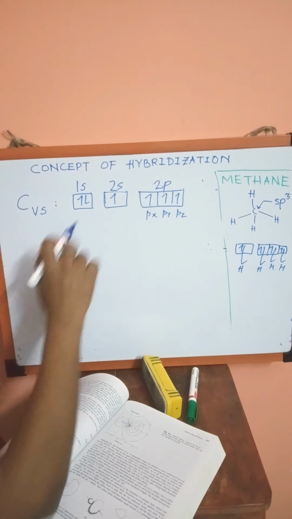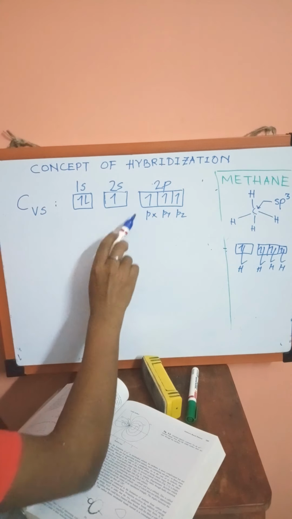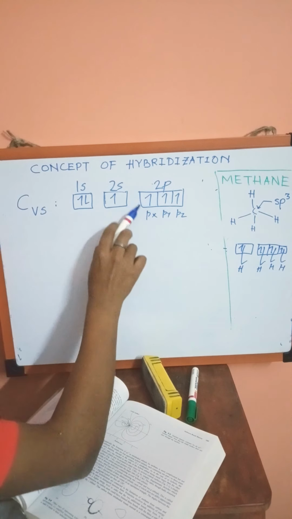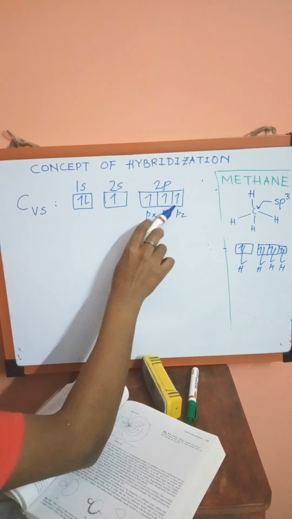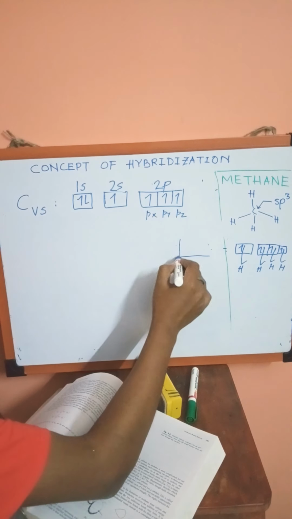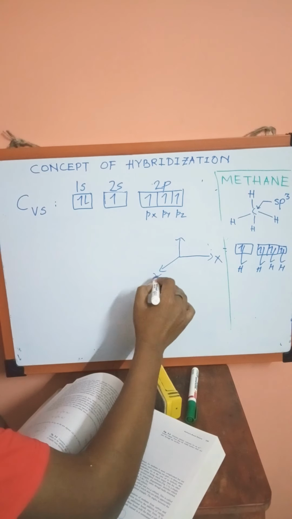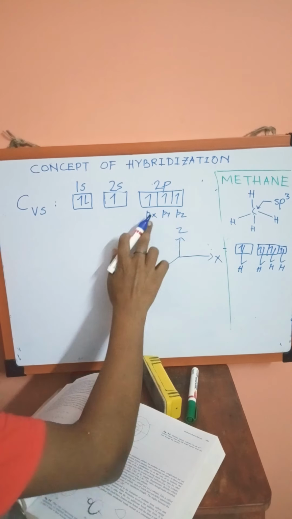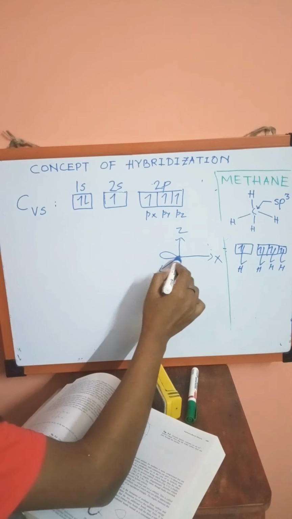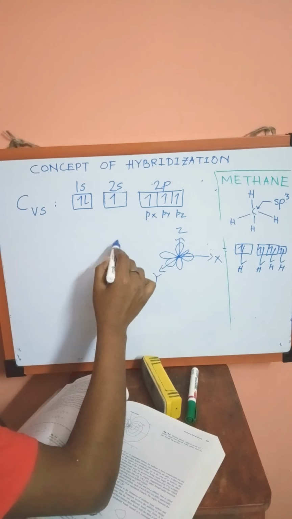It is not that you have to say the first one as px. You can name the first one pz, py, px, etc. This is only because of such axial orientation. If you call x, y, z, this px orbital will be like this, py will be like this, and pz will be like this.